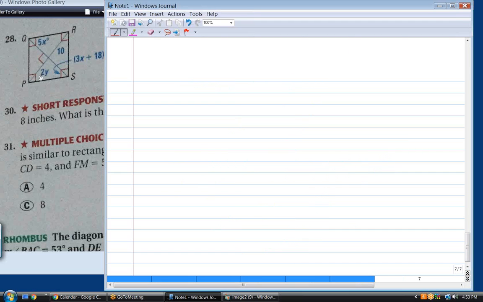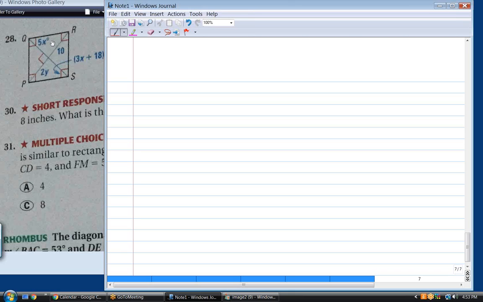So how do I solve for y? Now, this time, I don't think y, notice there's no degree mark. This had x degrees, so I knew they were talking about this angle. But this time, the 2y refers to the measurement of half that diagonal. Okay.